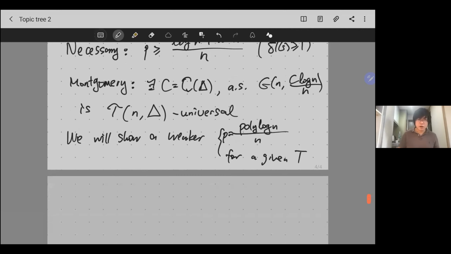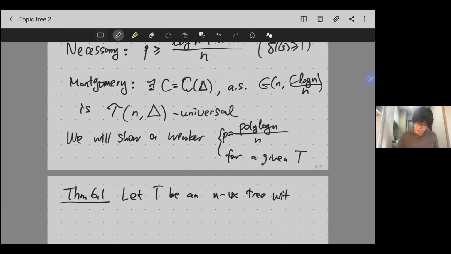So let me write it down. This is theorem 6.1 that we want to see. Let T be an n vertex tree with max degree delta.